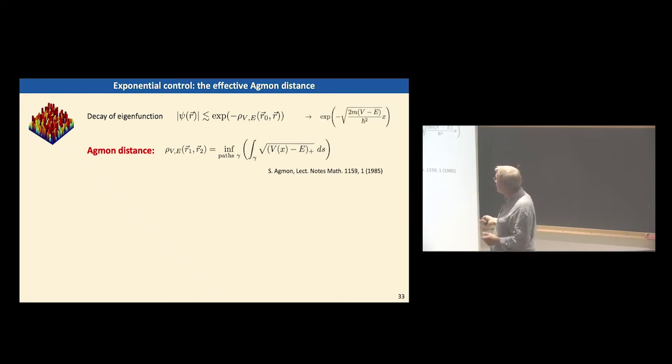So if you do that in 1D, what you get is simply the exponential decay of the tunneling effect in 1D. But in any dimension, it says simply that, to assess the value of the eigenfunction somewhere in the barrier, you have to probe all the possible paths and minimize this, and this is a control of the exponential decay.